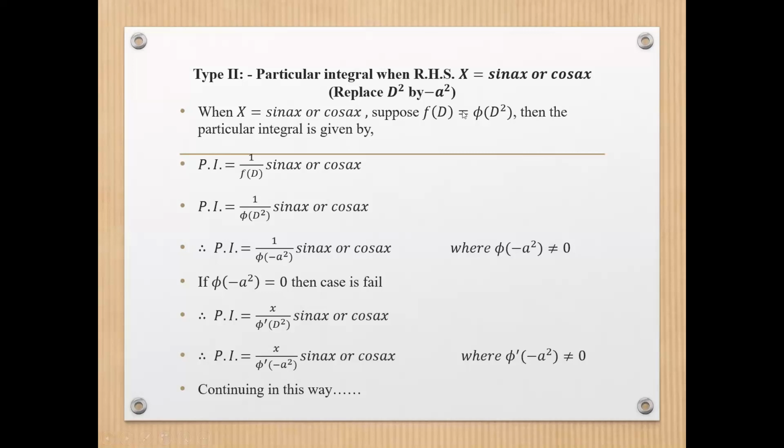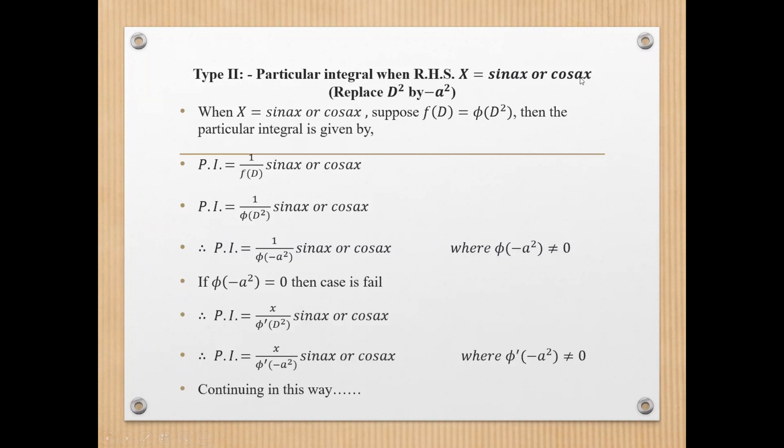Type number two: particular integral when RHS capital X is equal to sin ax or cos ax. Replace D square by minus a square. This is a very important thing. Here, in sin ax, the coefficient of x, or you may say the multiplier of x, is nothing but a.